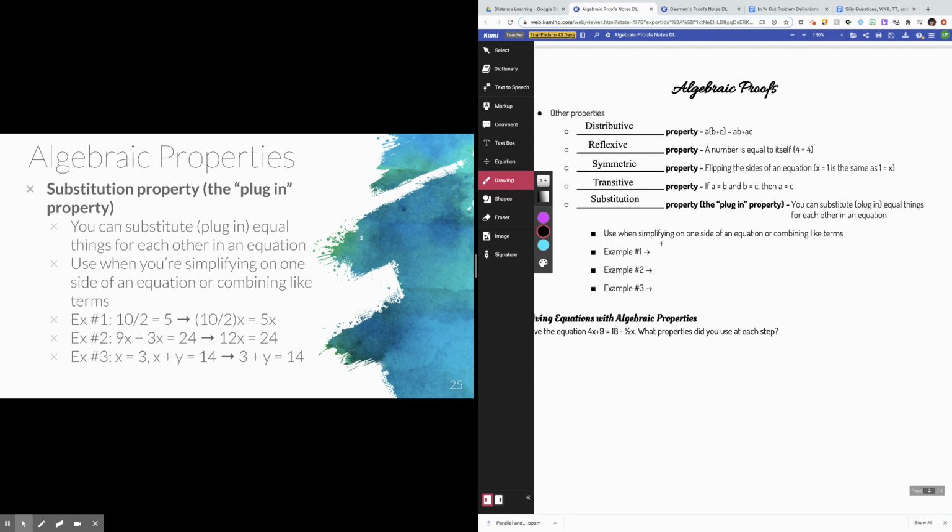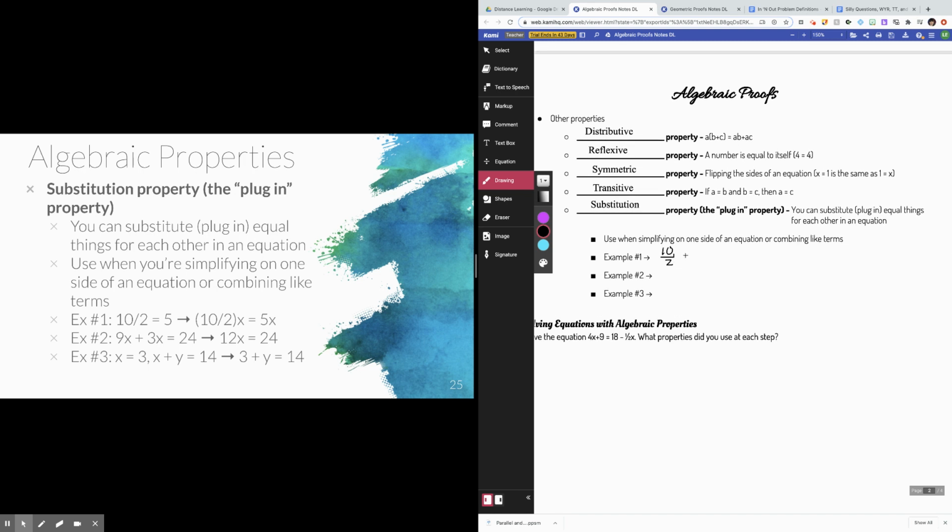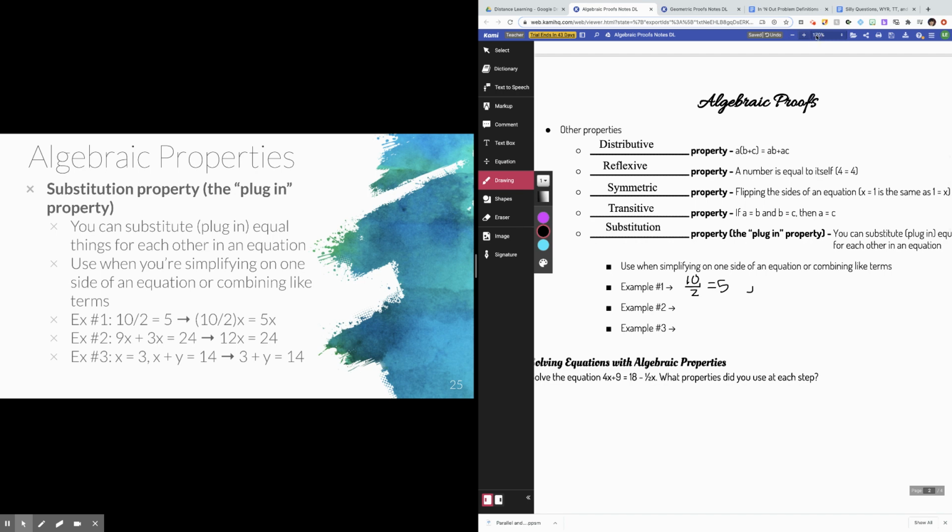Okay, so the first example I gave you is if you have in an equation 10 divided by 2, and I know that that's equal to 5. So let me zoom in on this side a little bit.